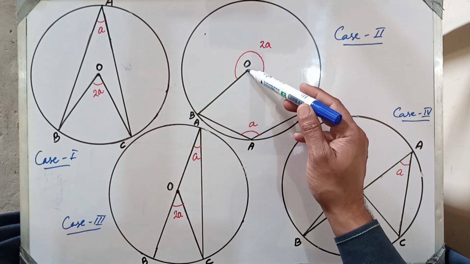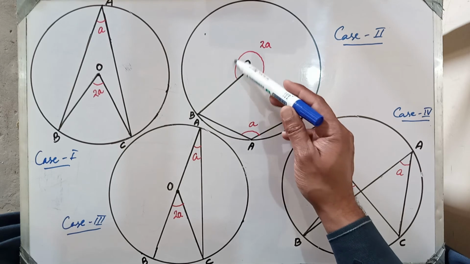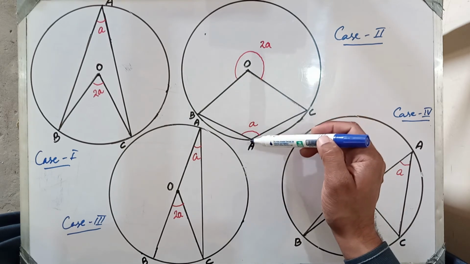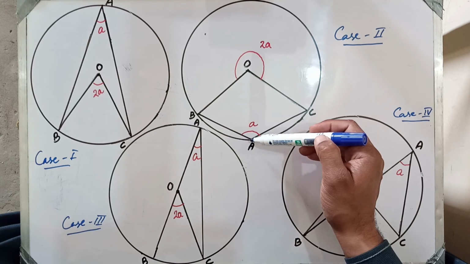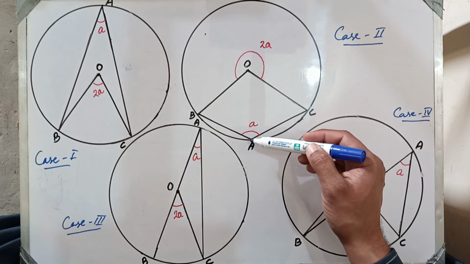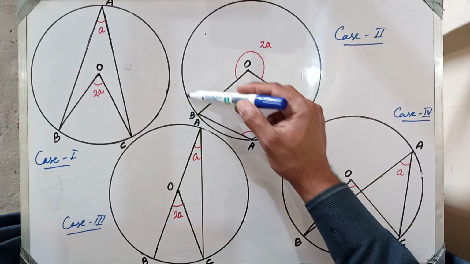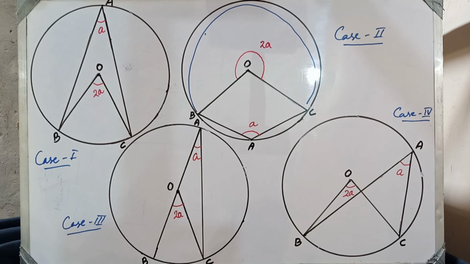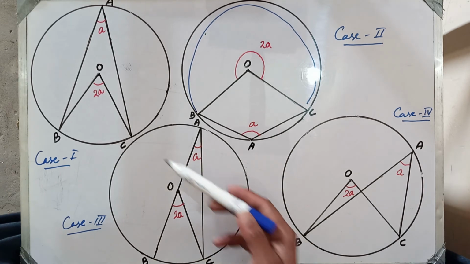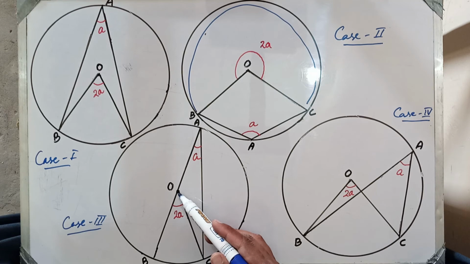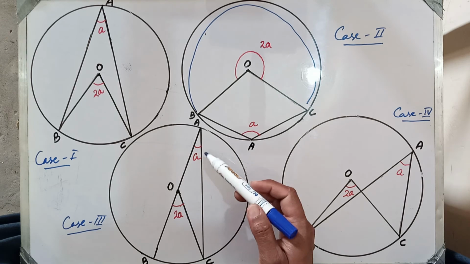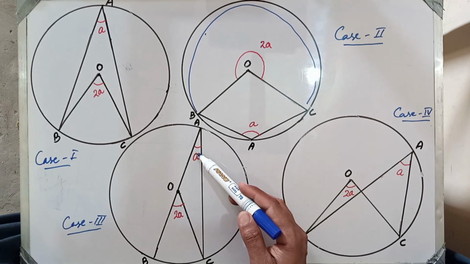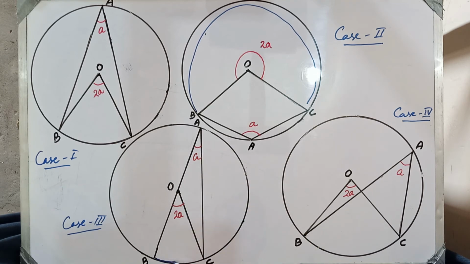This angle at the center of the circle will be twice the angle at the circumference of the circle, subtended by the same major arc. This one is the same major arc. Now case 3 is a little bit the same as case 1: the angle subtended at the center of the circle is twice the angle at the circumference, subtended by the same arc.